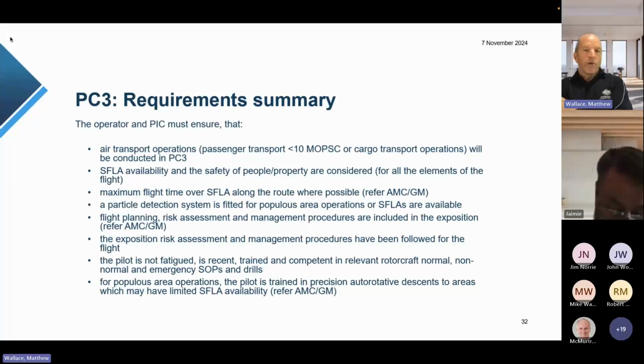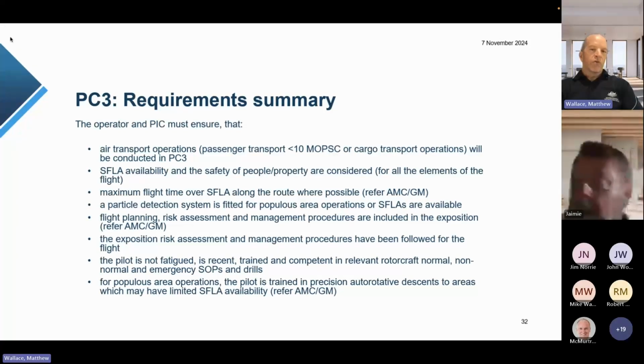And for populous area operation, the pilot is trained in precision auto-rotation descents to areas which may have limited suitable forced landing areas available. So if the risk management part of their controls is that a pilot is going to be trained, then they'll need to be trained in being able to do what you think they might be required to do.